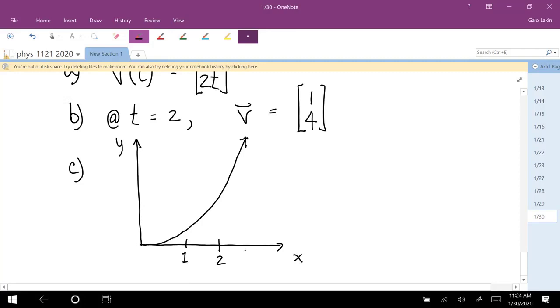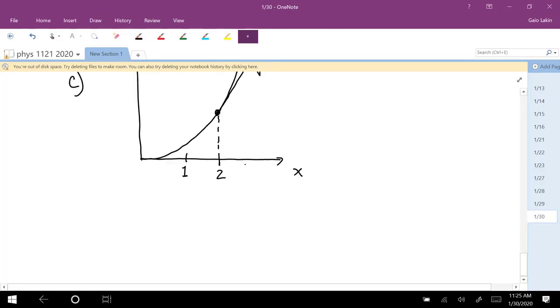So here's the path. And at 2 seconds, the object is at this location here. And the velocity vector is tangent to the path at that instant. So that's the velocity vector at time equals 2. Okay, and the velocity vector, when I break it up into components, I'm going to call the components Vx and Vy.